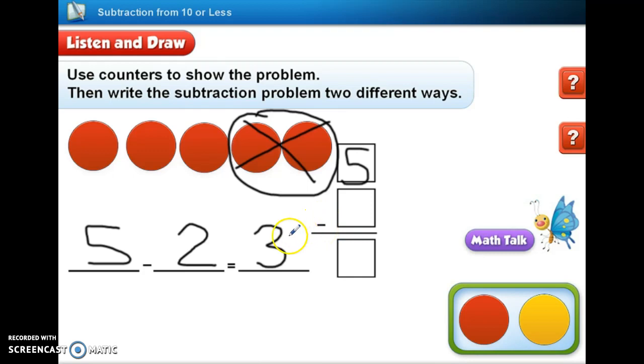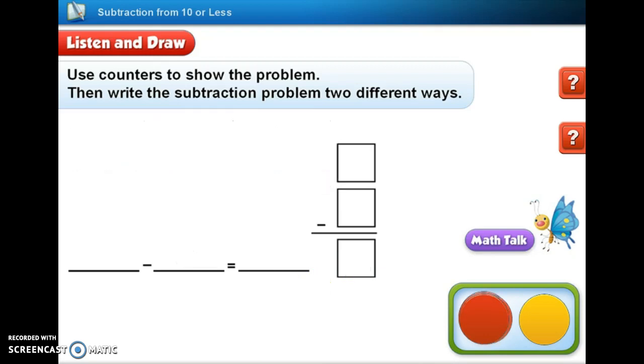Next to my minus sign, I'm going to write the number 2. And this line right here is the same thing as my equal symbol. So 5 minus 2 equals, that's right. My answer is going to go right down here. 3. Great job. Let's try another one.